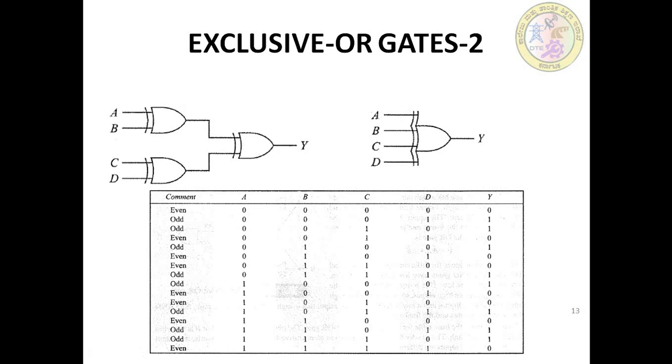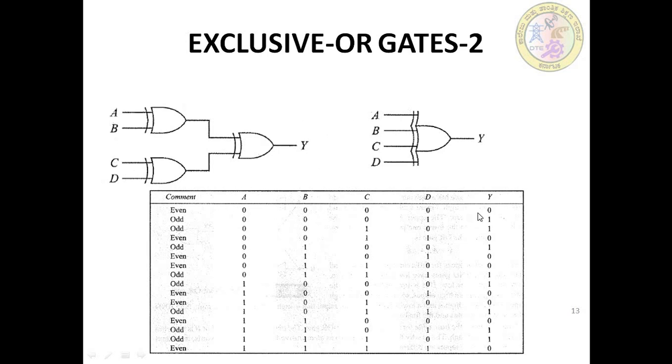For that, for the exclusive OR gate, in simple terms, when it has an odd number of ones, the output will always be 1. When we have an odd number of highs at the input, the output will always be high. When we have an even number of ones at the input, the output will always be low.